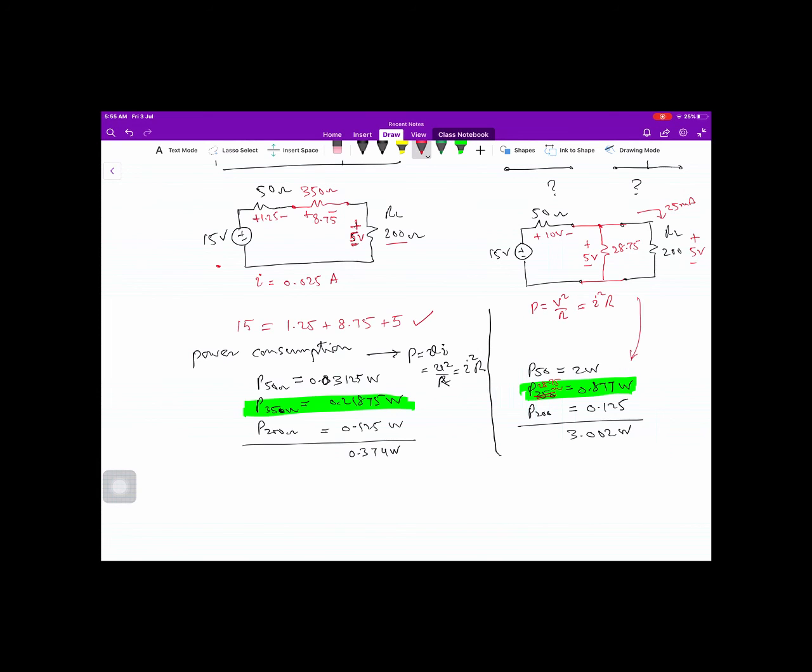So based on this power consumption, we will select this because it is much less than the power consumed over here. Another thing, the total power consumed is 0.374, and over here is 3 watt. So we select this series interface type, and we reject the parallel interface due to the power consumed in it.